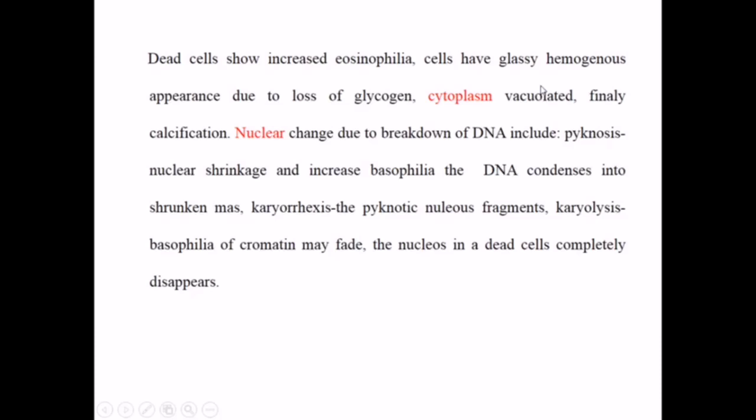In the nucleus, there is breakdown of DNA: pyknosis, shrinkage of the nucleus with increased basophilia of DNA, karyorrhexis, fragmentation of the nucleus, and karyolysis, dissolution of the nucleus. The nucleus in dead cells sometimes completely disappears.